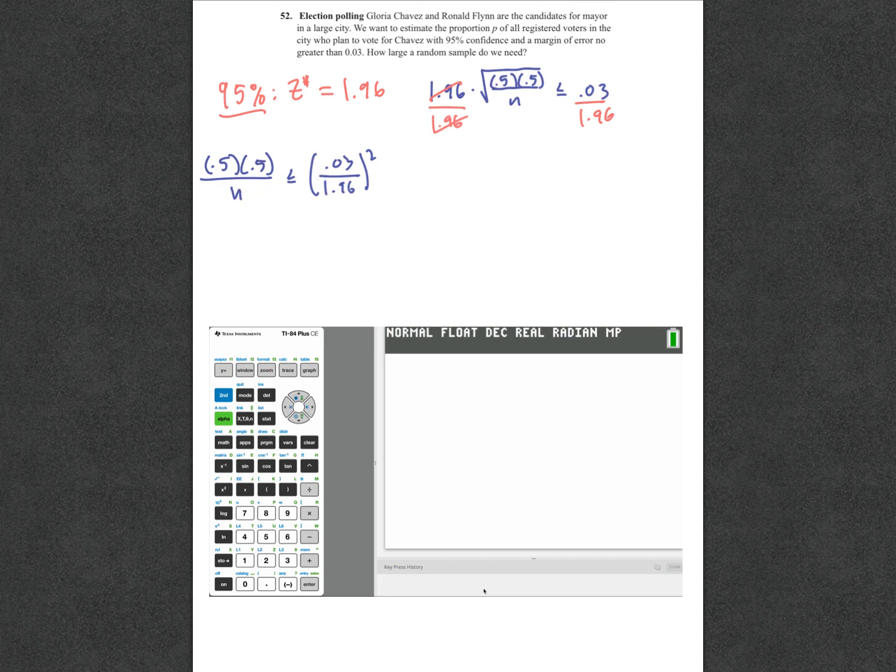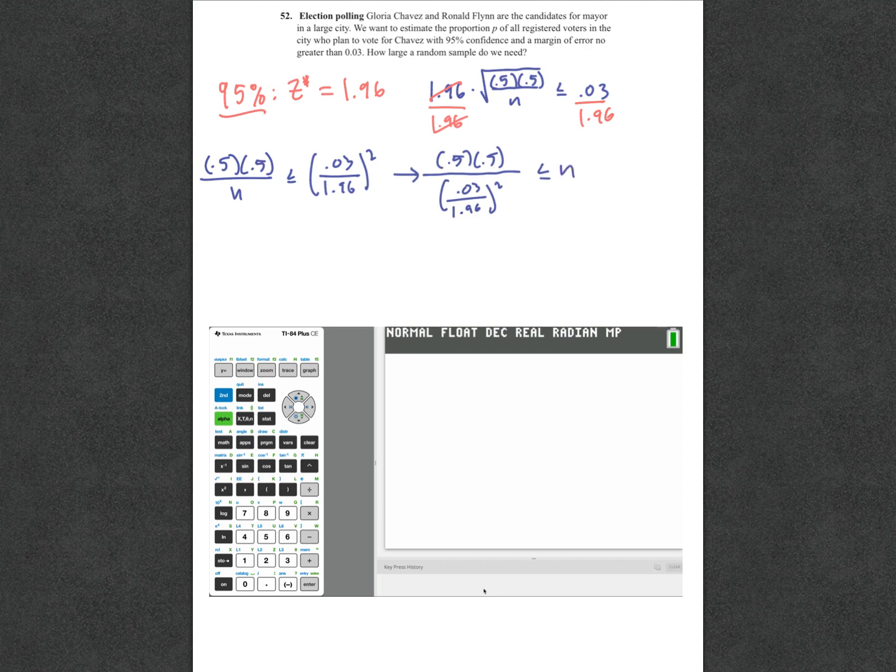So we'll do 0.5 times 0.5 divided by this whole thing, and this is less than or equal to n.